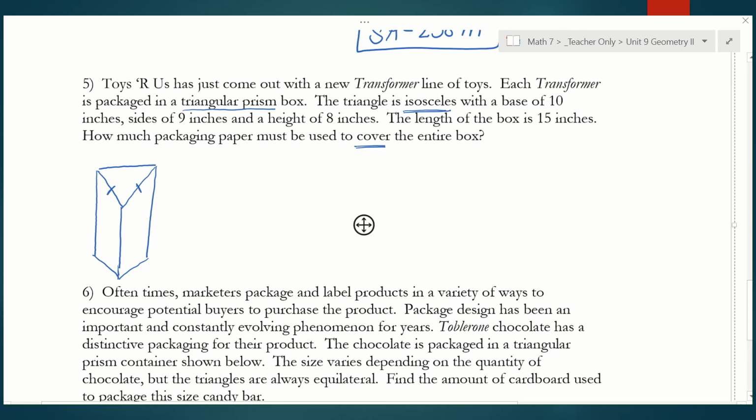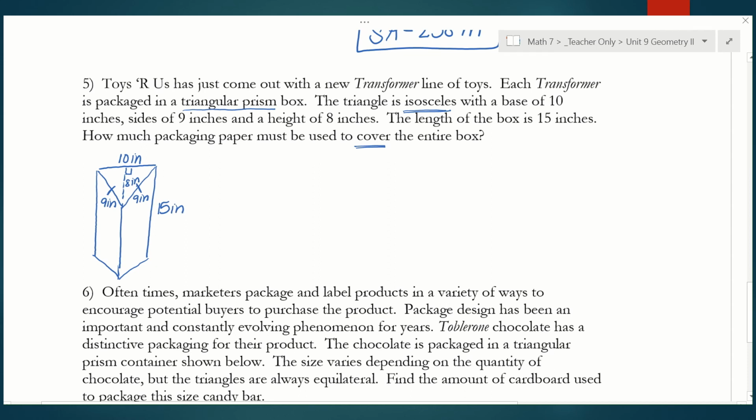Okay, so base of 10 inches means that side's 10. Sides of 9 mean that the 2 equal sides are 9. And a height of 8 means right there is 8 inches. Okay, what else? The length of the box is 15 inches. So length of the box, 15 inches.